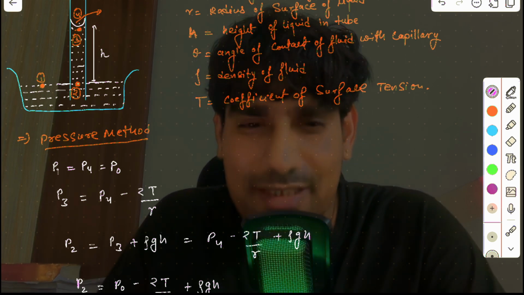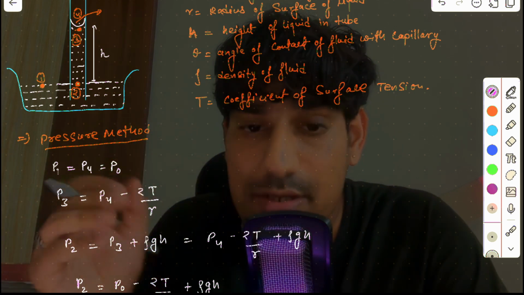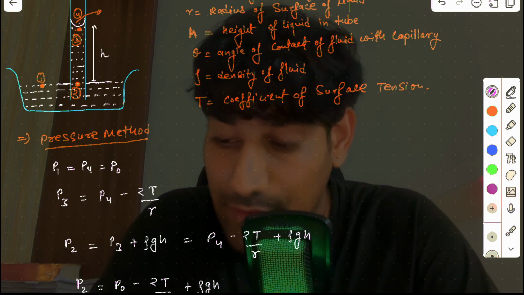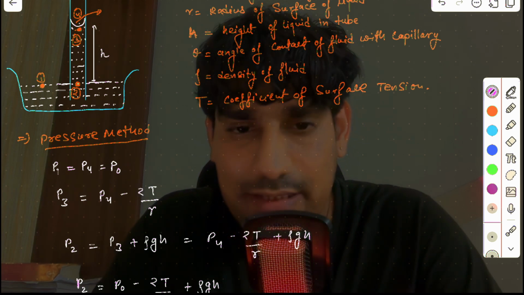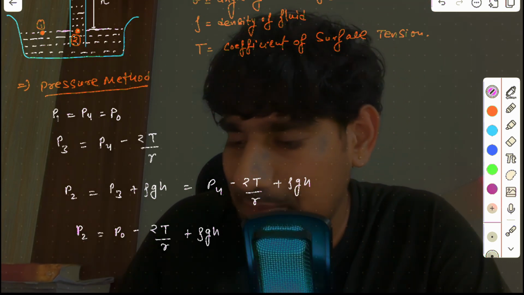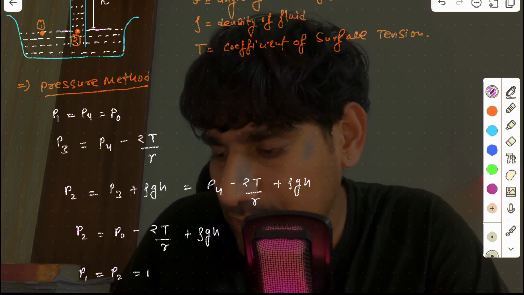Now you tell me, is it a static fluid? Yeah. So then the pressure at the same height, will it be equal? Yes, of course. So can I say that the pressure at the point 1 and 2 is equal? So I can say that the pressure at point 1 is equal to the pressure at point 2, which is equal to P naught.